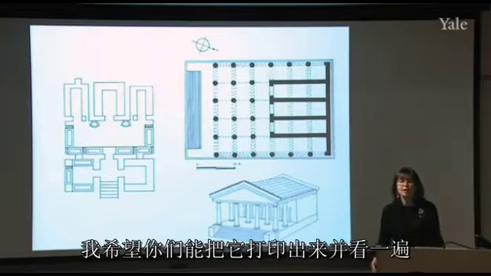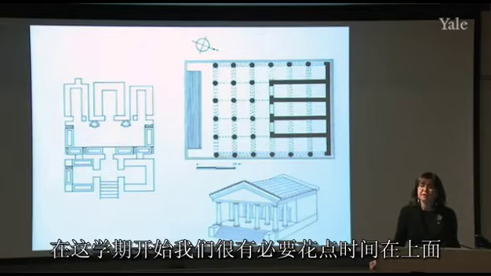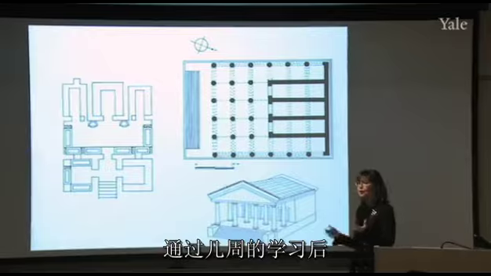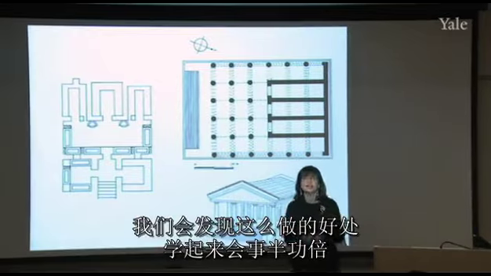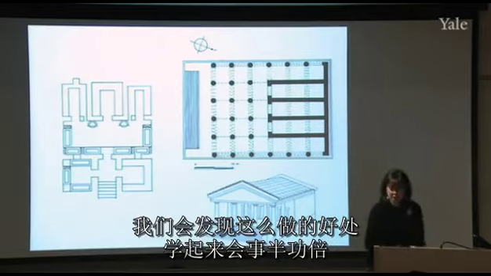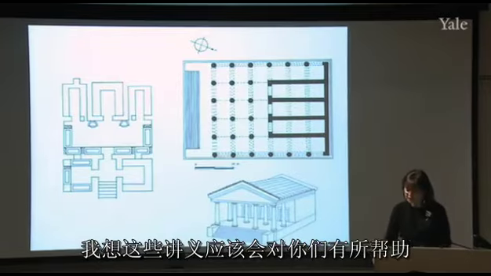I really urge you to print those out and look through them. In the beginning of this semester, we do have to spend a lot of time on what things are called, but once we do that for a couple of weeks, we'll be done with it, and you'll know all the basic terms, and we'll be able to go on from there. But I think you'll find those handouts extremely helpful.